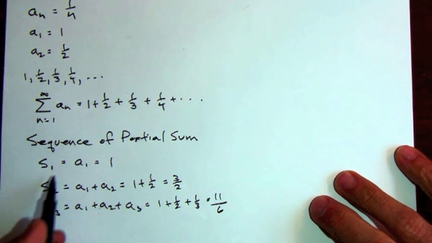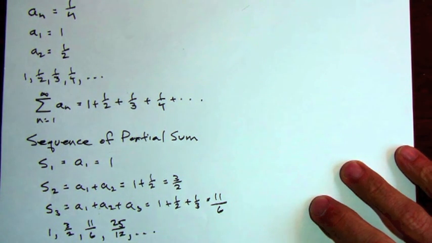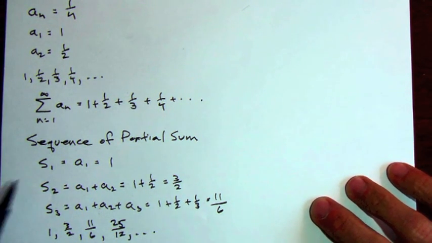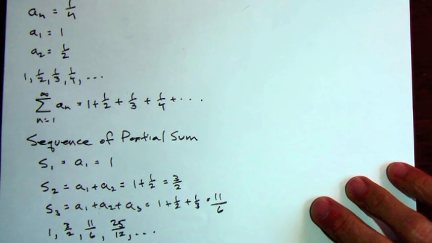So the first term of this partial sum is 1, and then we have 3/2, and then we have 11/6. If we were to add 1/4 to that, we would end up with 25/12, and so on. And so one way to think about whether or not the series converges is whether or not the sequence of partial sums converges, right? Because each of these represents adding another term of the sequence.